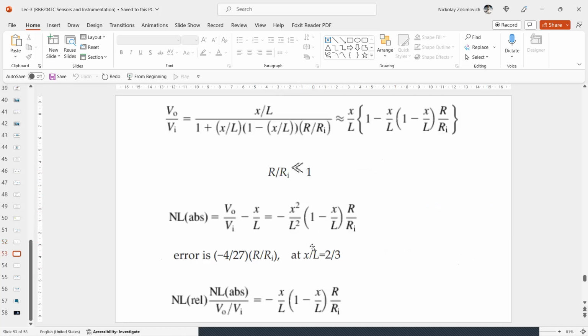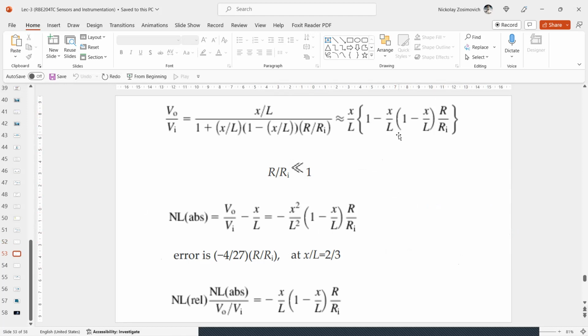Hence, the sensitivity is reduced by an amount of Ri to R with respect to the situation with ideal voltage source. Ideal voltage is in case when Ri equals 0.